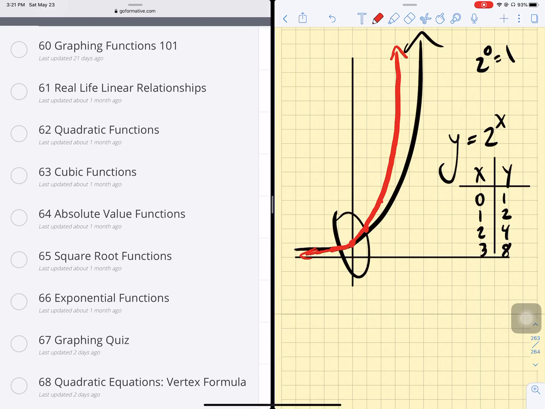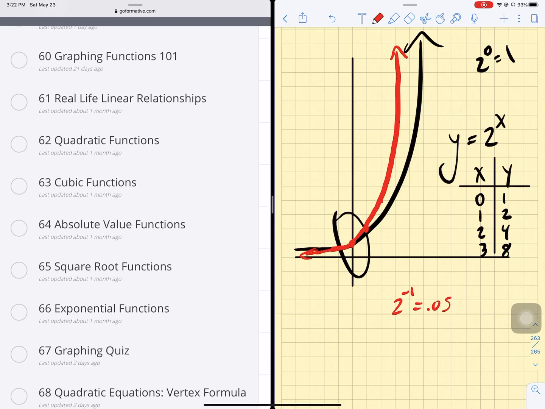And you can do 2 to the -1 power. And you can see you know what that is. 2 to the negative 1 is 0.5. So if you think about that, where is (-1, 0.5), not 0.05, 0.5? That would be located like here.